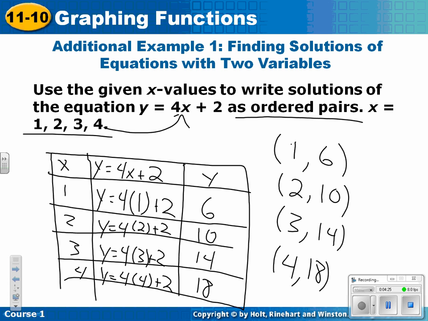As ordered pairs. Now, you guys have done this a few times already, where we could easily graph it. You know how to graph this. This is an ordered pair. We would go over 1 and up 6. We'd go over 2, up 10, over 3, up 14, and so on. And that's where you make a graph.